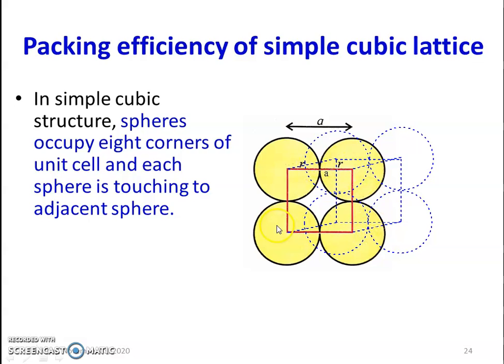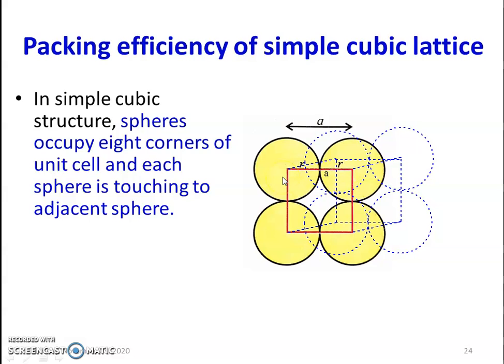These are the spheres highlighted with yellow color. These occupy the front corners of the cube, and the spheres highlighted with dotted line occupy the back corners of the cube. So in this way there are 8 corner spheres.